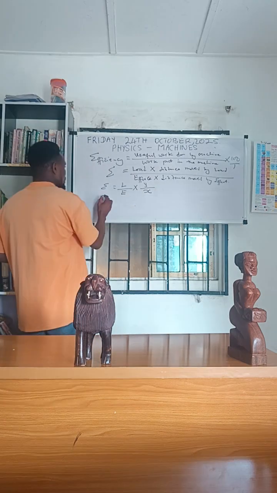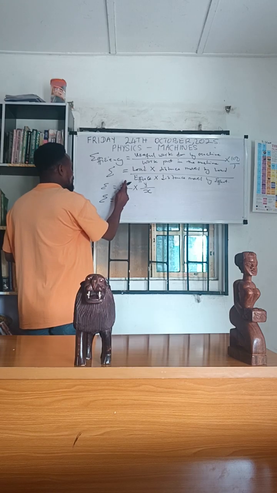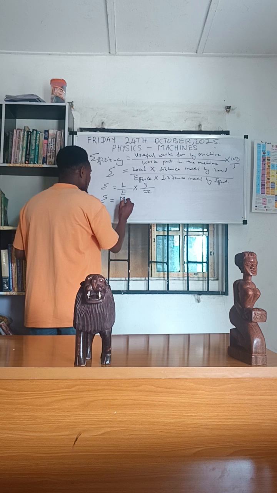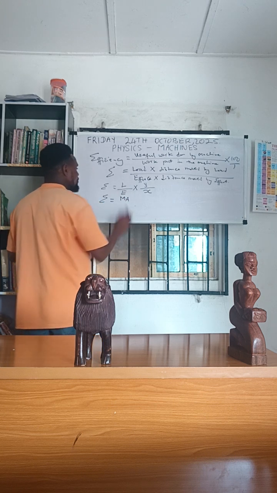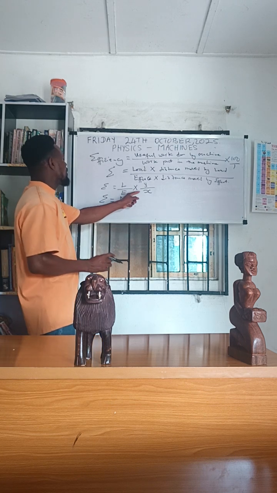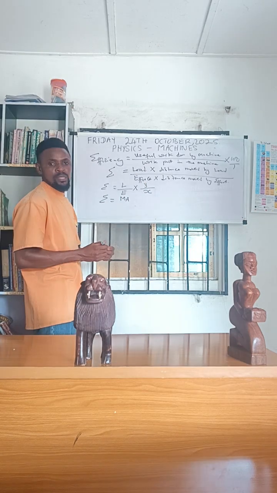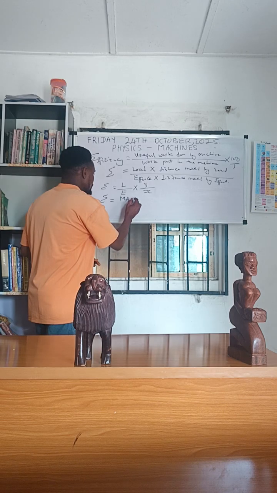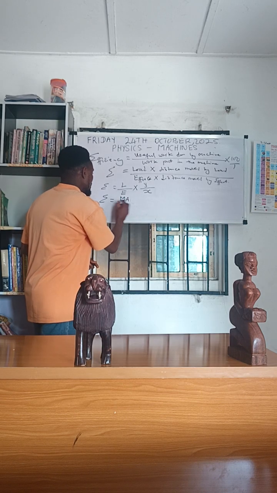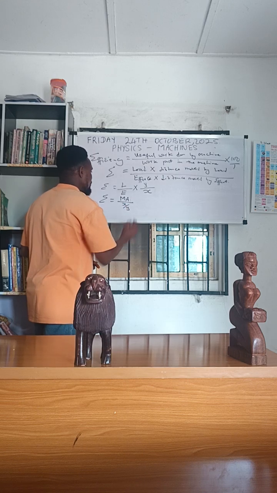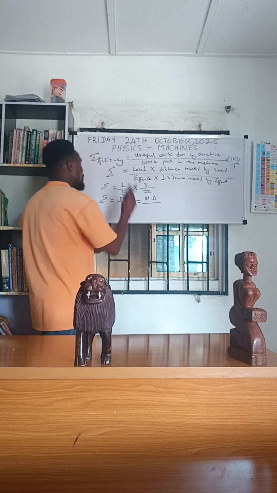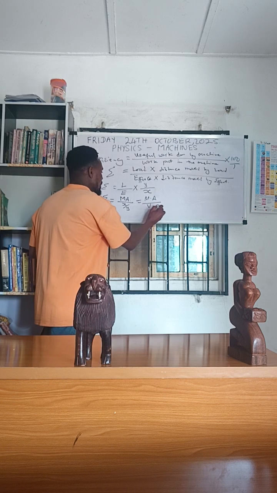And don't forget, load over effort is what we call mechanical advantage, MA. Now, once you invert this by taking the multiplicative inverse, we will now have S over Y. Therefore, MA, and S over Y is called velocity ratio, VR.